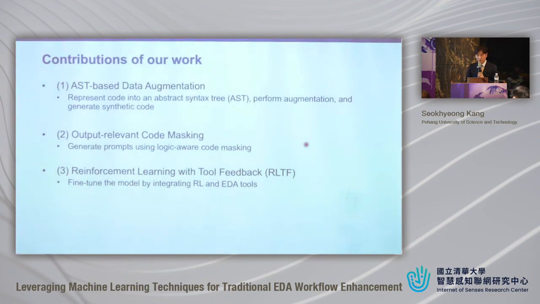So this work will be presented at this year's DATE, and the contributions of our work are, first, AST, Abstract Syntax Tree-based data augmentation. Using this technique, we could make more payload codes. Another contribution is output-relevant code masking, because we should prepare the data for supervised learning, right?